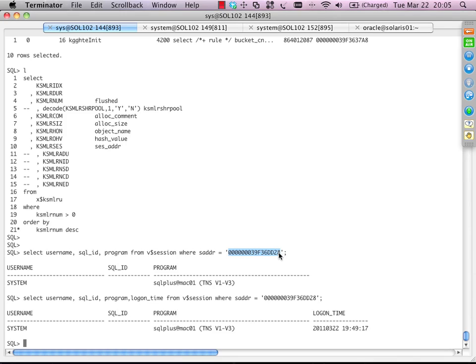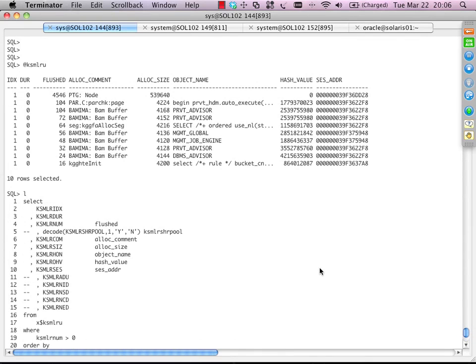So you cannot be really sure whether the session who is logged on right now here is the one who caused this trouble. Well, what helps is if you look into the logon time to see when this session logged on. Because if the problem happened an hour ago and this session logged on 5 hours ago already, then you know that this session is not the troublemaker.